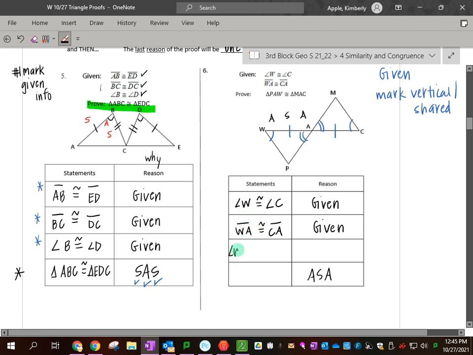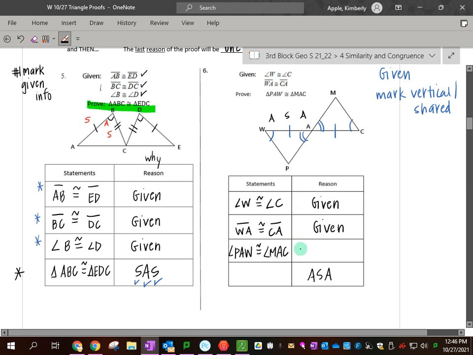Angle WAP. PAW. Okay, yep. PAW is congruent to angle MAC. Yeah, sounds good. How did I know this? Because given. No, it was not given.